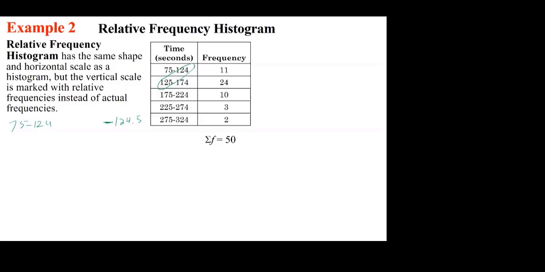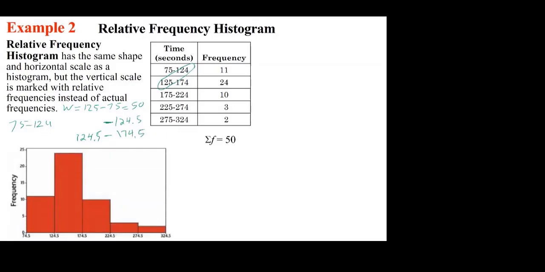That gives us 124.5, which means the next class uses the same lower boundary, 124.5. The width is 50, remember, 125 minus 75, which is 50. So you can subtract 50 and you can add 50. If you add 50 to 124.5, you get 174.5.